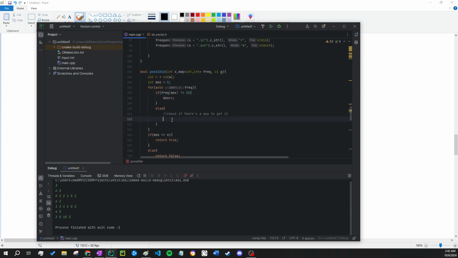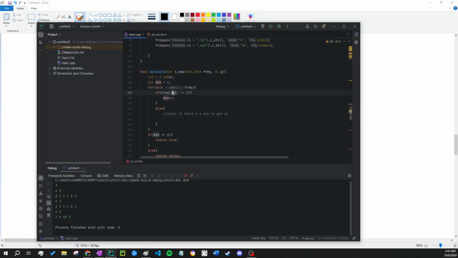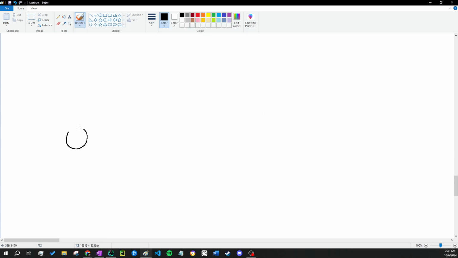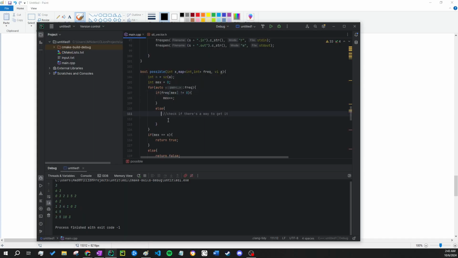So the unknown question here, the question mark value in this case, is if max is not found in the array. Let's say in the first example, which is 0, 1, 2, 2, 3, 5, if 4 is not found here, we basically check 4 minus whatever i times max. 4 in this case is the current max right now, because we might need max.